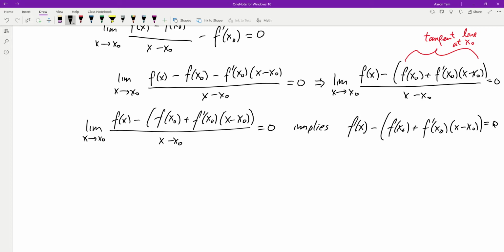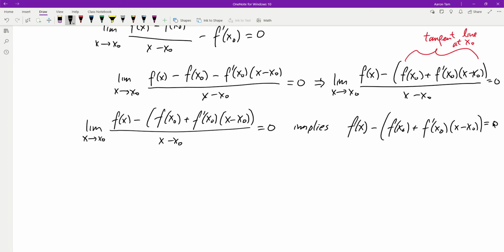Now, you might be thinking, why does that imply that? Because of the following. If I look at the expression, if x does approach x sub 0, what does that make the denominator? Well, notice the denominator is x minus x sub 0, so when x becomes x sub 0, then the denominator would become 0. And whenever you have something that's divided by 0, it does not exist.